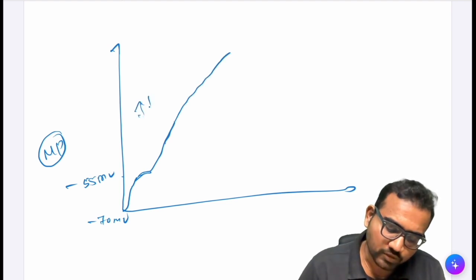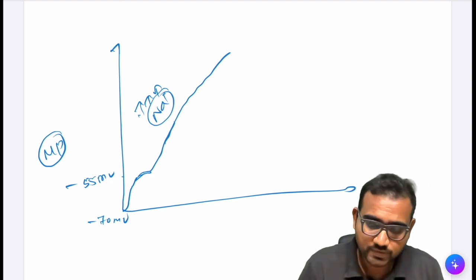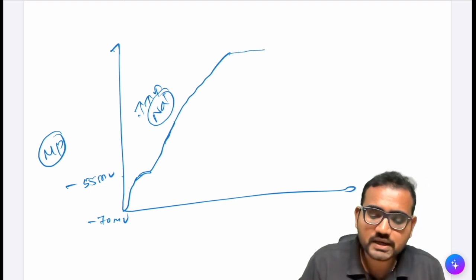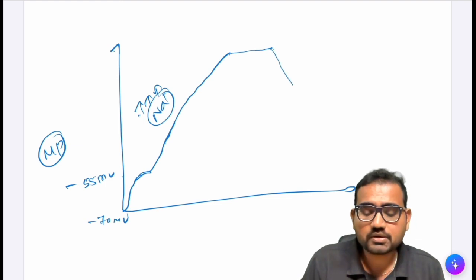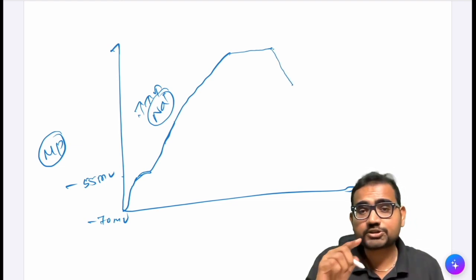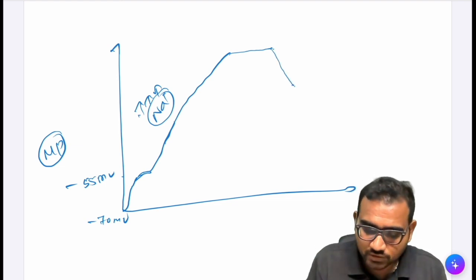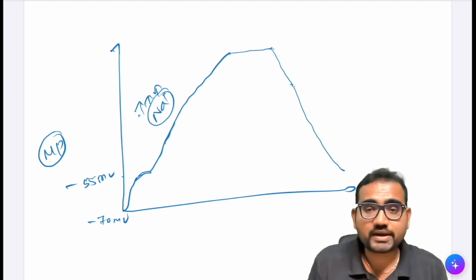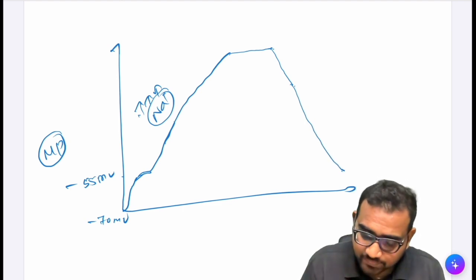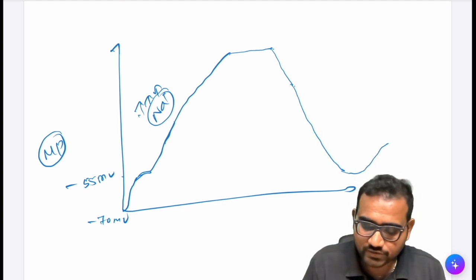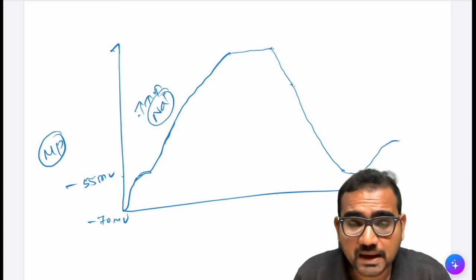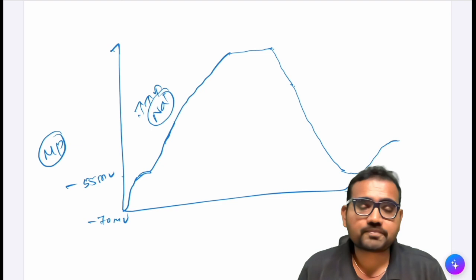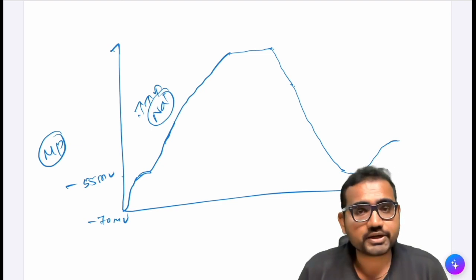More and more sodium is released. At some point there is an absolute refractory period, the potassium channels open, and the sodium potassium pump is activated. The nerve membrane becomes hyperpolarized, and then the sodium channels close, so it retains the resting membrane potential. This is the action potential in a nerve.